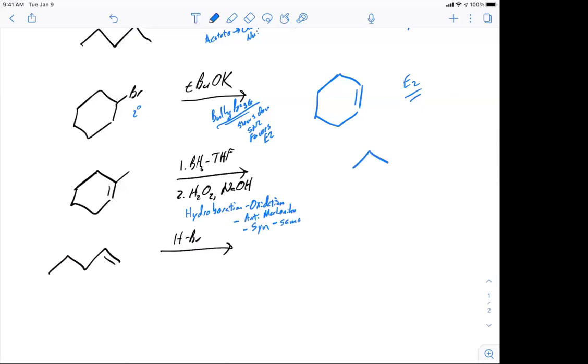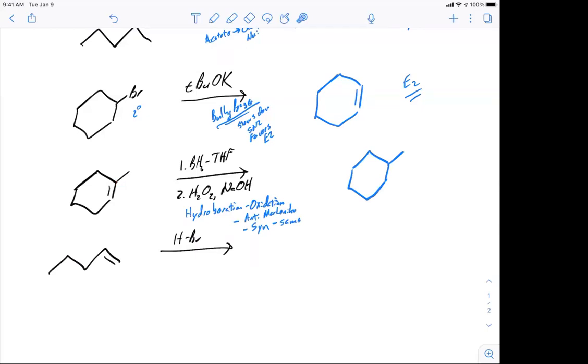So in this one, if we look at our two positions, which of the two positions is more substituted, the top or the bottom? Well, the top is more substituted. That would be my Markovnikov position.